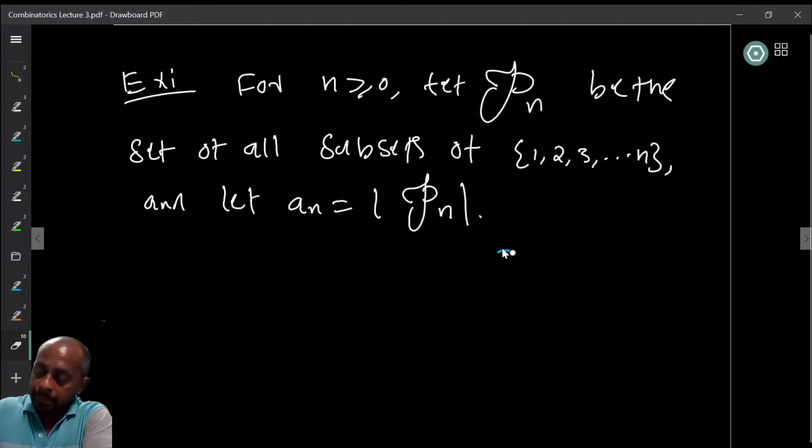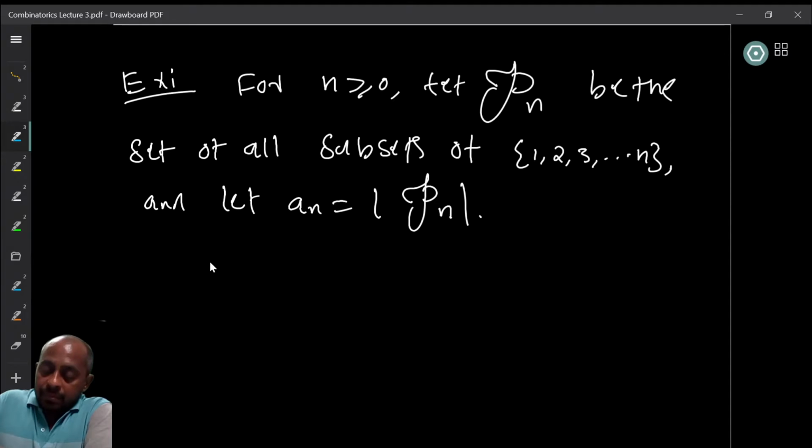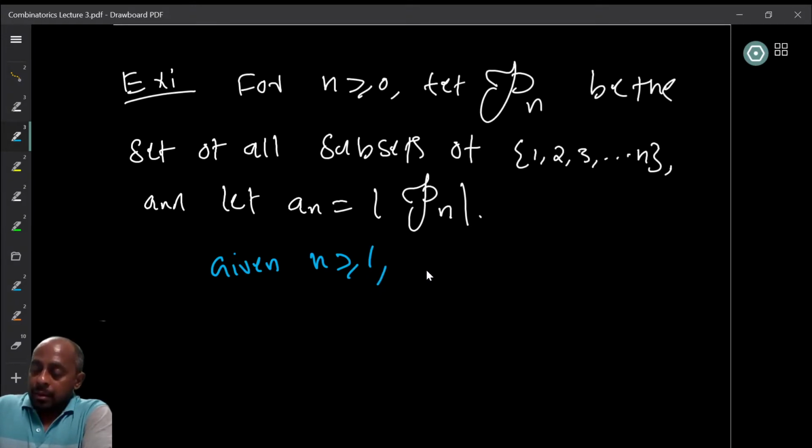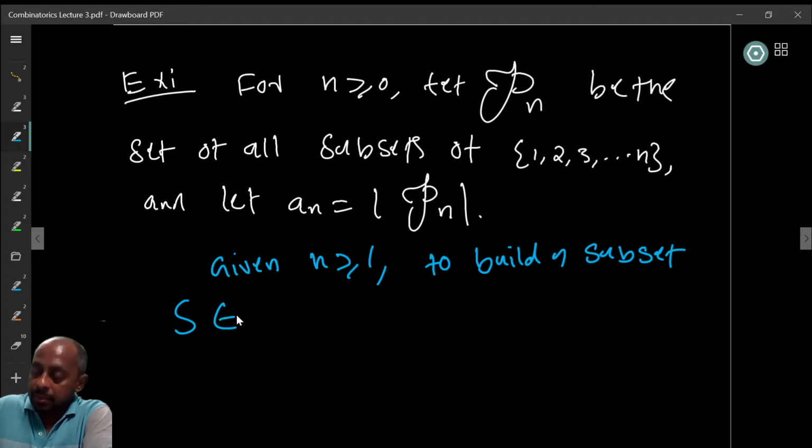Given n greater than or equal to 1, to construct or to build any subset S in P_n, what we can do is the following.